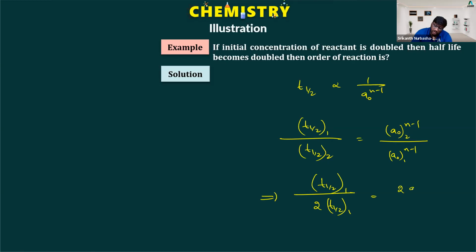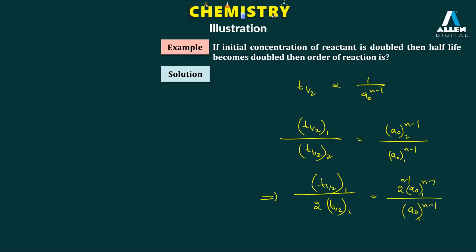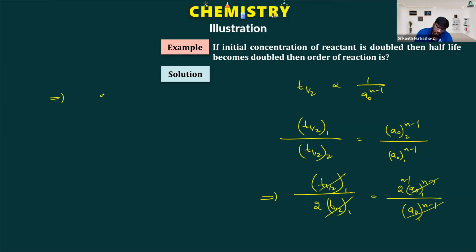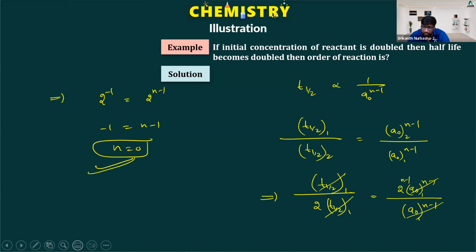So 2 times A naught whole power n minus 1, divided by A naught in the first case power n minus 1. A naught and t half get cancelled out. 2 power minus 1 is equal to 2 power n minus 1. So minus 1 is equal to n minus 1, n is equal to 0. So it is a zero order reaction.